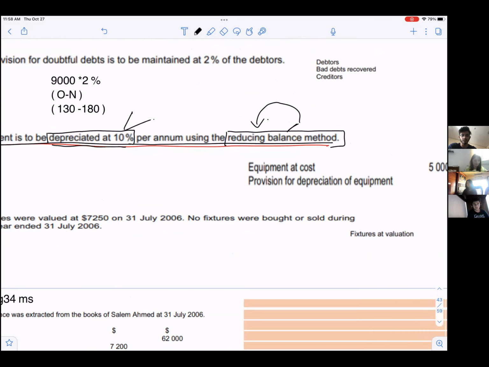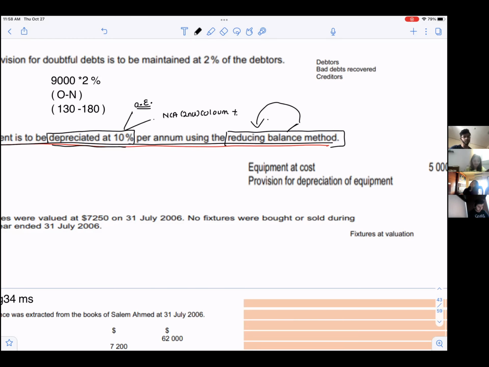What do you remember about the two effects of depreciation? It will come in as other expenses, and in the statement of financial position, in NCA, the second column. It will be added.